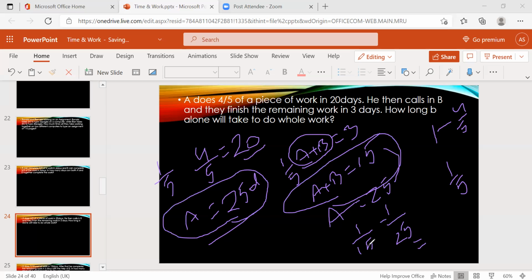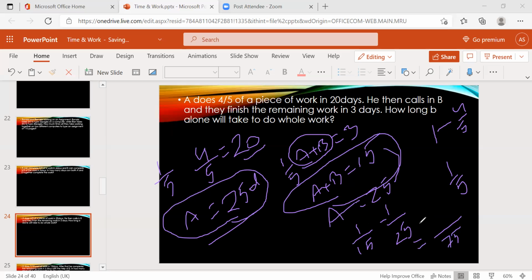So what's the LCM of this? The LCM of these is 75. 5 over 75 minus 3 over 75.